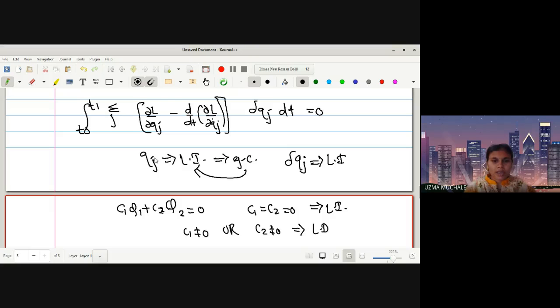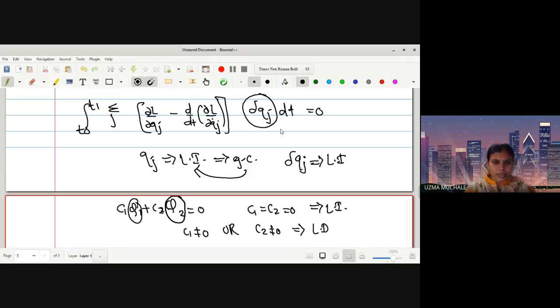So here, what is given to us? Qj's are nothing but generalized coordinates. What is the definition of generalized coordinate? The least possible number of linearly independent coordinates. So if delta Qj is linearly independent, then like Phi1, Phi2, they are linearly independent if the constants C1, C2 are 0.